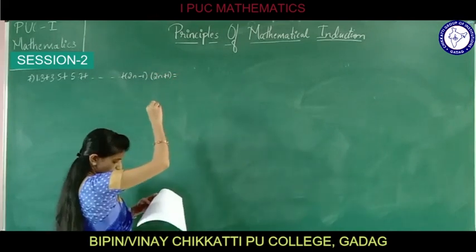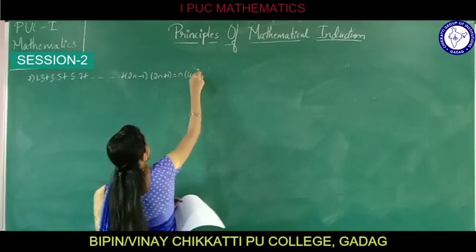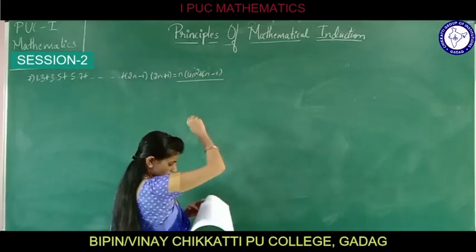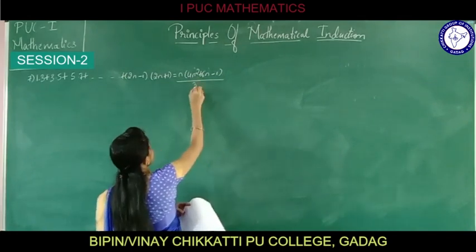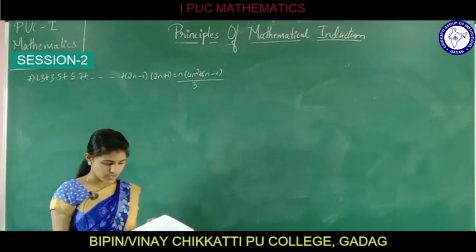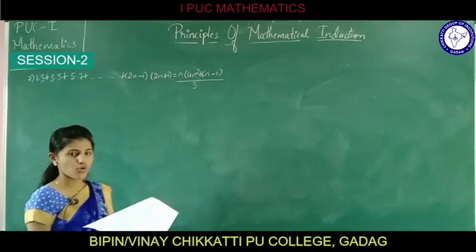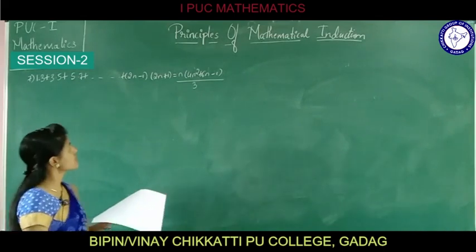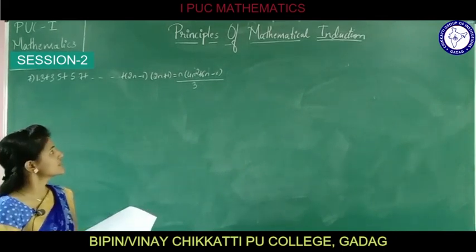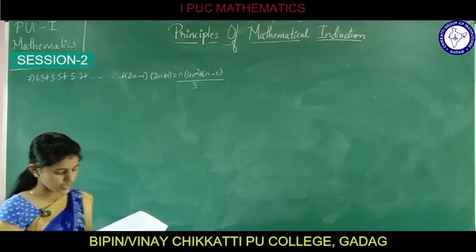This is equal to n into 4n square plus 6n minus 1 divided by 3.